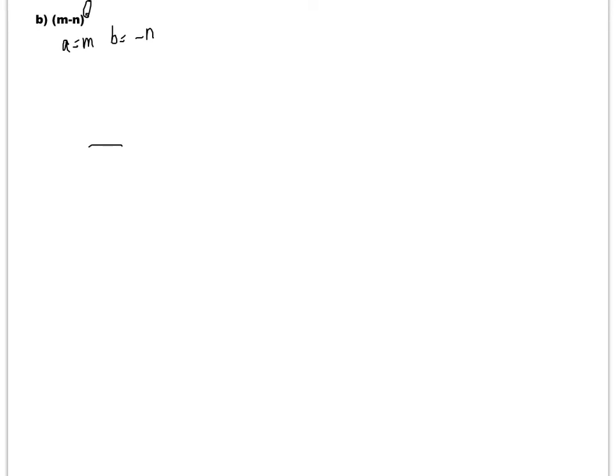So this is my first term, second, third, fourth, 5, and 6. Now, the first term is going to be a with the maximum exponent, so m exponent 5, and b, which is negative n, exponent 0.